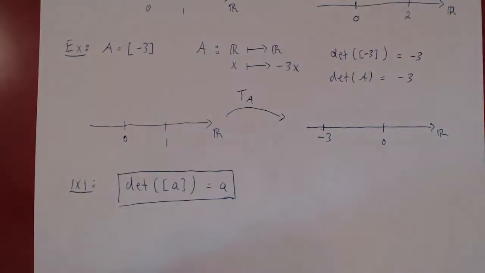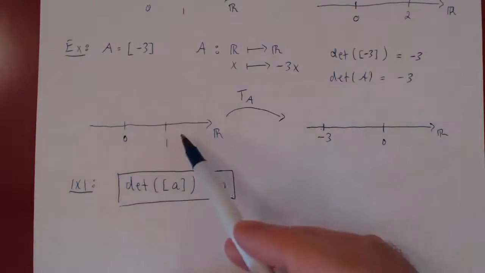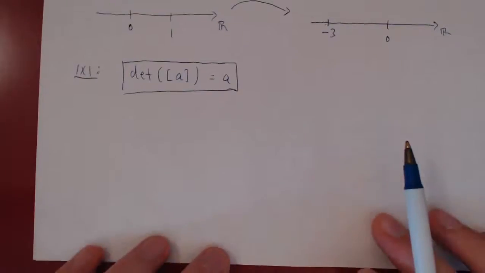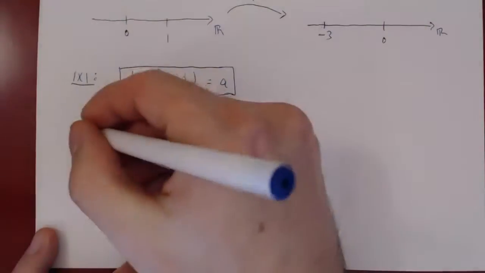Now you say, well, what about 2 by 2 matrices? So a 1 by 1 matrix is a function on the real line. Well, a 2 by 2 matrix will naturally be a function on the xy plane, right? So before we move on, we have to make one simple observation.